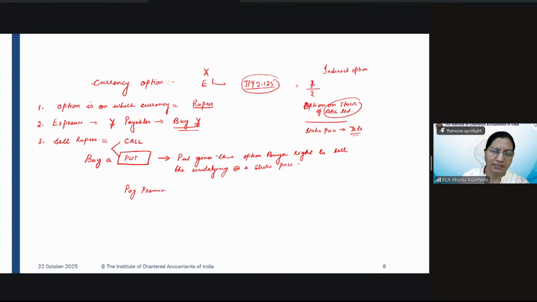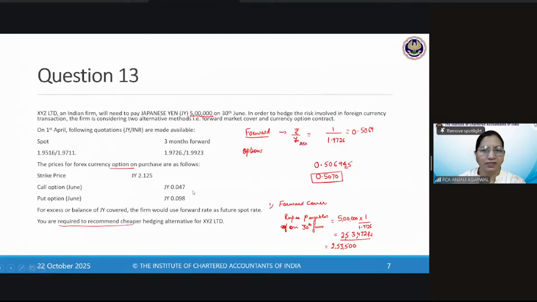So first, let's see how many put options would you like to buy. Okay. So the strike price is 2.125.